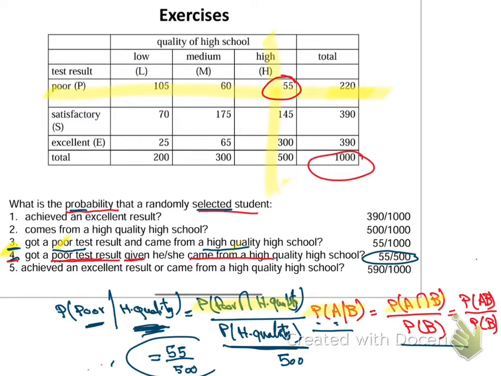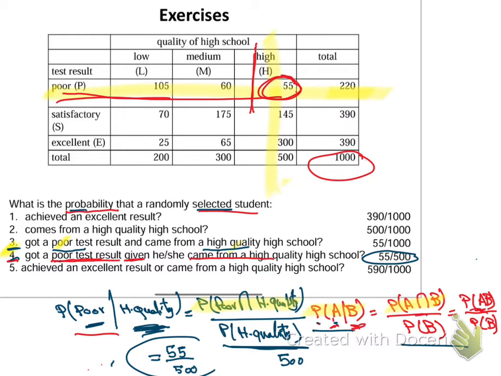Normal probability: the desired or favorable criteria divided by the total. This is the favorable criteria which I'm looking for, poor result with high quality, divided by the total, which is 1000. But in the second case, it is a given question. Given, I have to apply the formula. So I have to say the probability of A given B equals A intersect B, or AB.